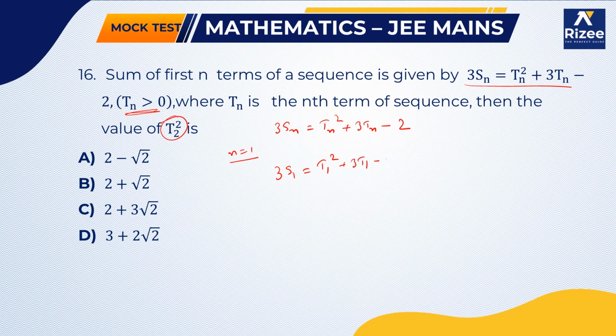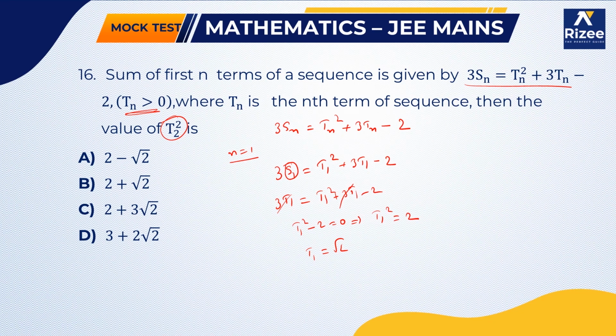S1, the sum of the first term, is nothing but t1. So 3t1 gets cancelled, t1 squared minus 2 equals 0, t1 is root 2, and t1 squared is equal to 2.